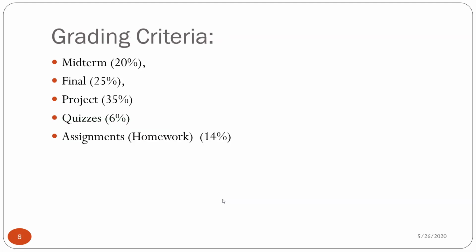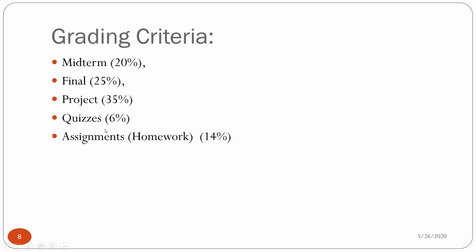Now the grading criteria. This should be in your mind: how will we grade this course? There will be one midterm exam which will carry 20% of your final grade. There will be one final test which will account for 25% of your final grade. The project would be the main component of this course, which will have 35% weight.